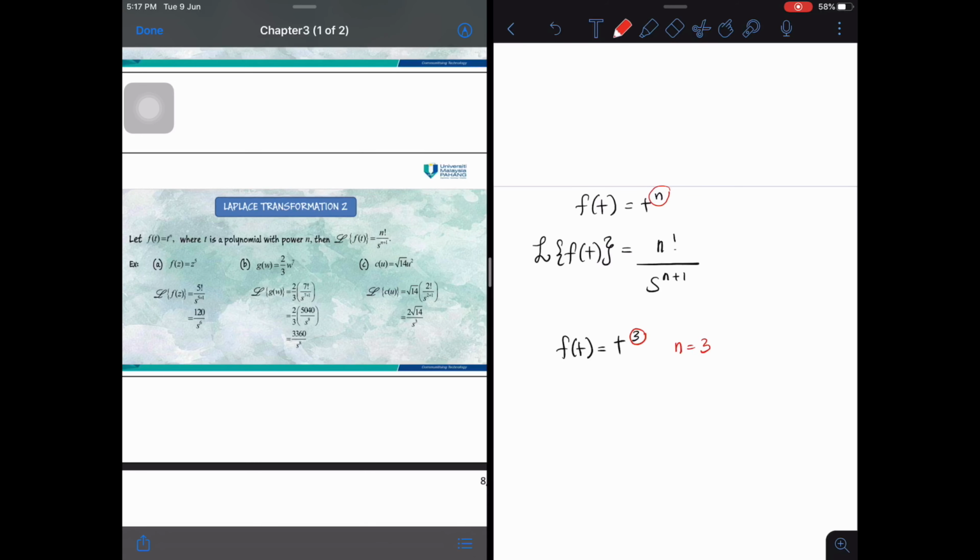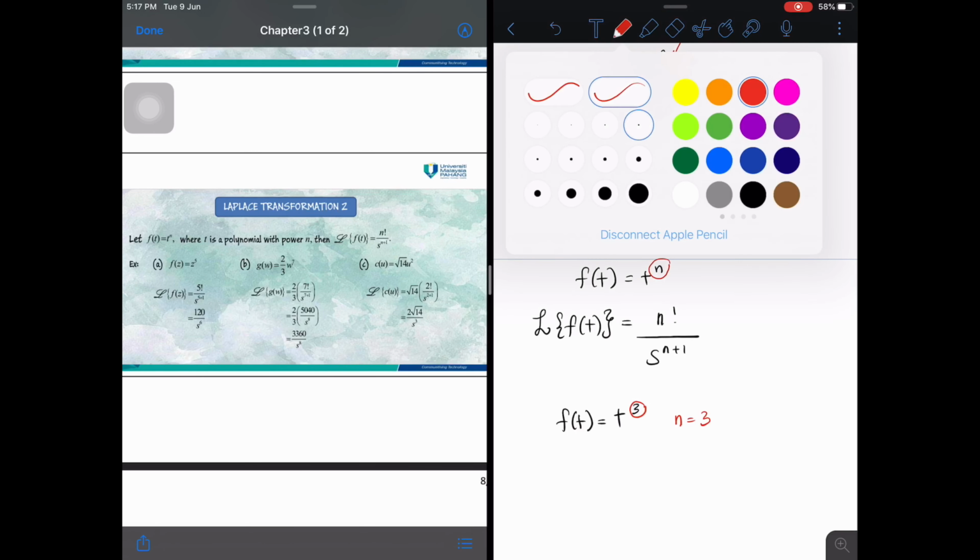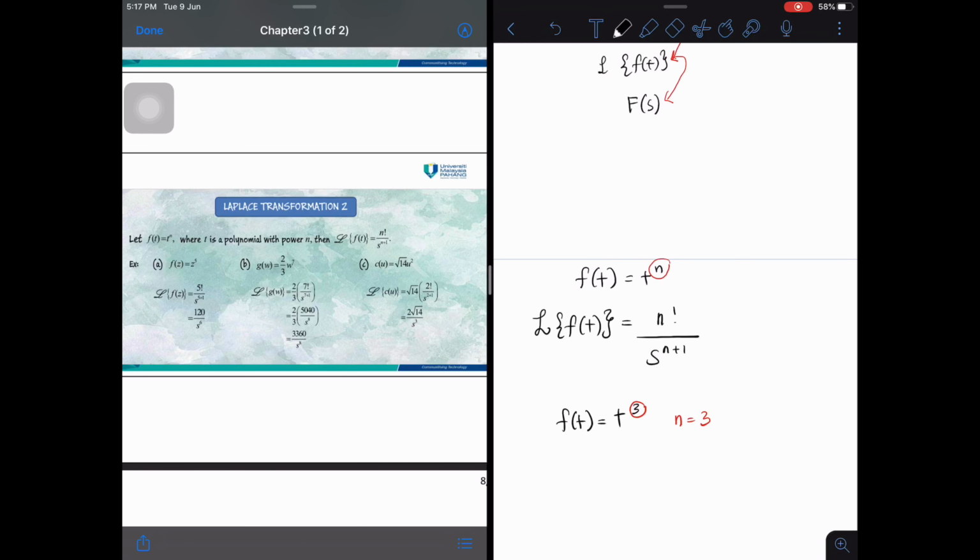So now to find the Laplace transformation for t to the power of 3, what you will have is n factorial. Your n now is 3, so 3 factorial over s to the power of n plus 1.